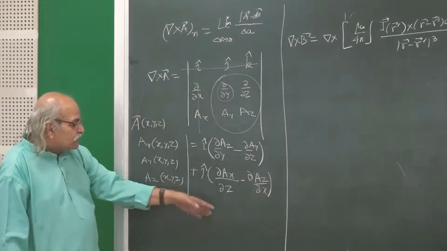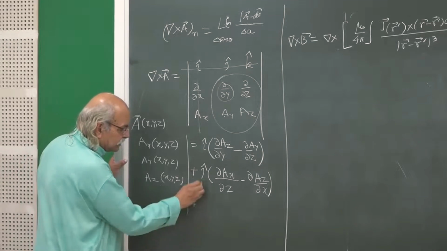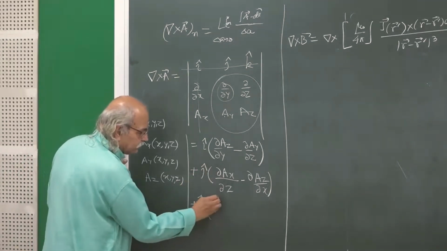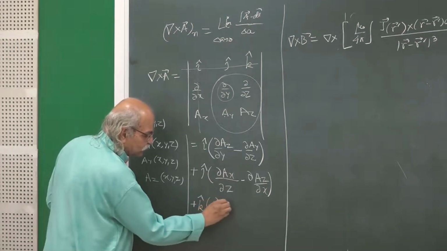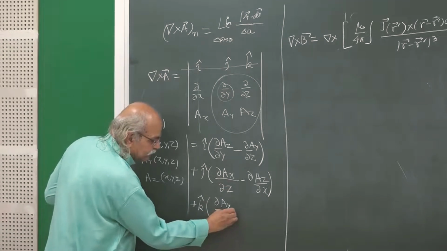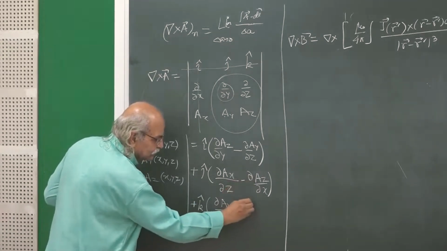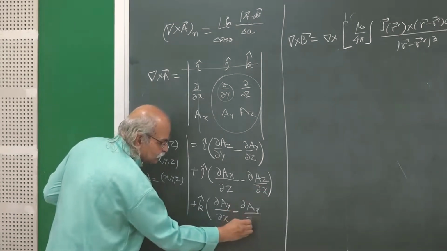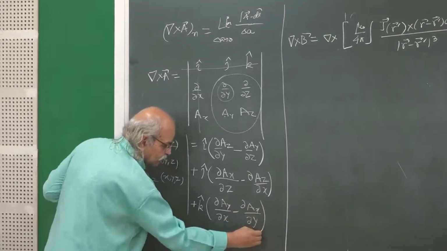And one more time cyclic permutation. So, j cap becomes k cap, and then del x of Ay, z becomes x, so minus del y of Ax. Finish.